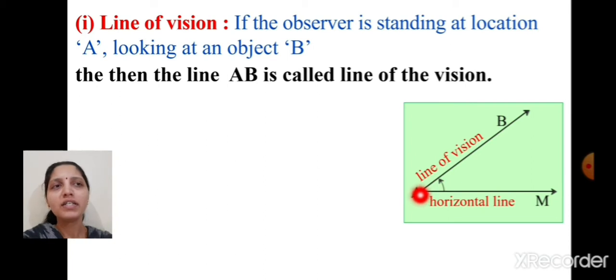So here segment AB is the line of vision and segment AM is the horizontal line. And if you draw a perpendicular segment to segment AM, that perpendicular will be the height of the tall object.